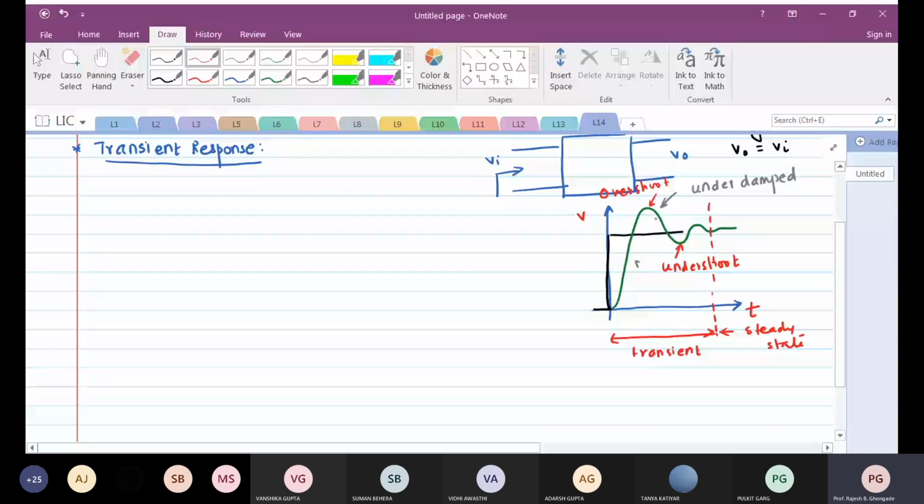So most of the times the circuits will respond with an underdamped response like this. So this is the transient response. So given a particular stimuli to the input of an operational amplifier, how does it respond? That is the reason why I said there are two parts of that response. One is called the transient response, and the other is called a steady state response.